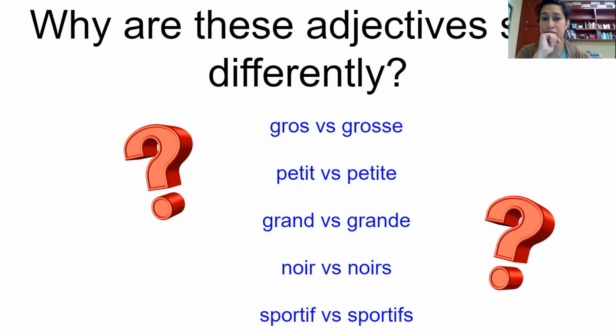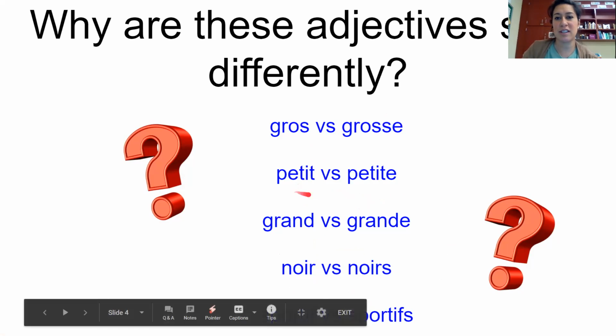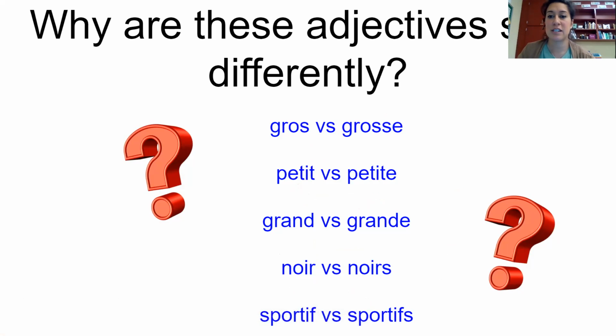So why? If you were telling me it's because one is masculine and one is feminine, you'd be right. And if you can go a step further, which one is which? And if you told me that one is for plural, for many people, then you'd also be right. These are the kind of rules that we're going to look at today.